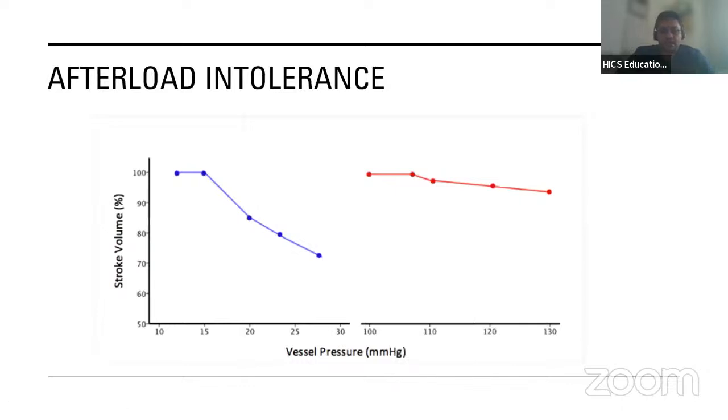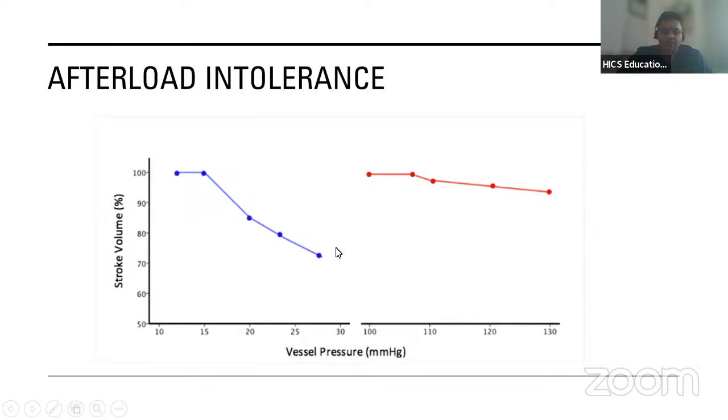This is about preload. What about afterload? The tolerance of afterload for the right ventricle is also very different from the left ventricle. The stroke volume of the right ventricle is a very flat, evanescent curve, whereas it is a very steady graph for the left ventricle when comparing pressure and stroke volume.